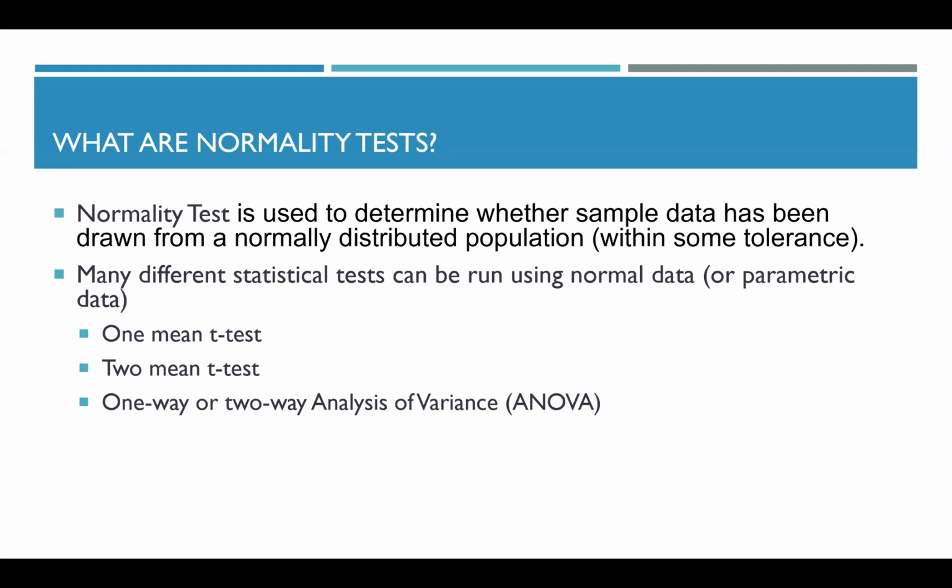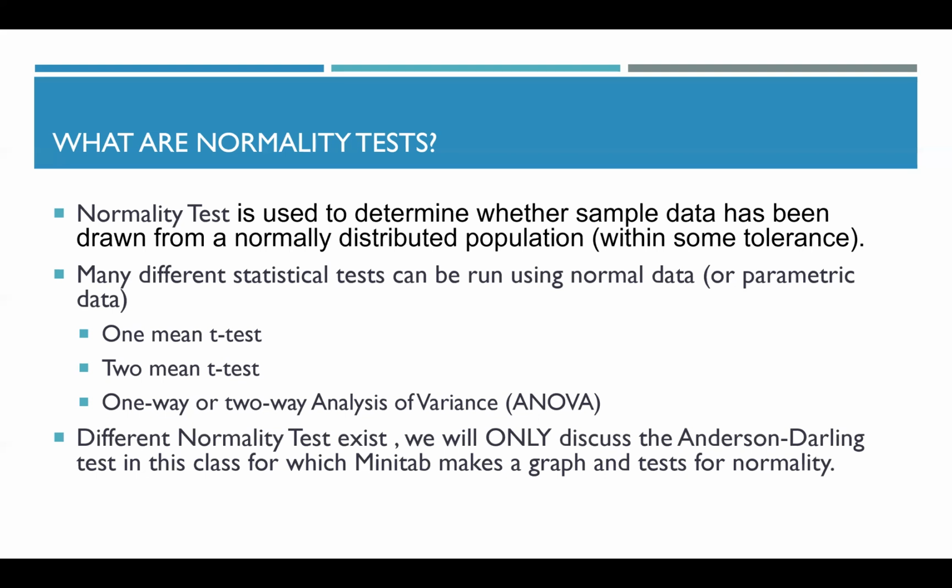And so it's important that we know whether that assumption is valid or is a good one or not, kind of before we start the test. Because if it's not, then I may want to consider using a non-parametric test. There are several different types of normality tests that exist.